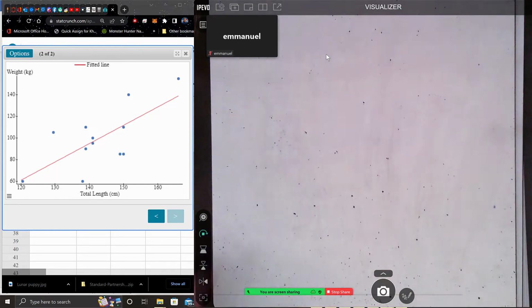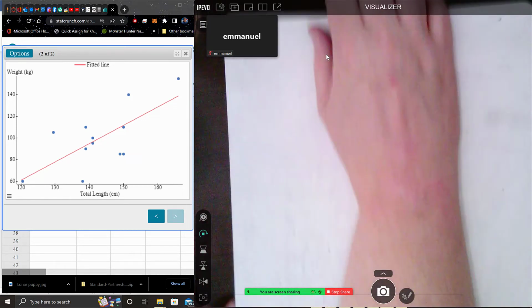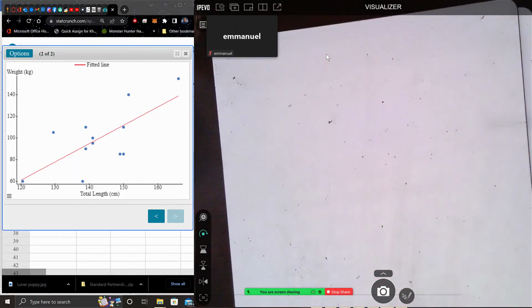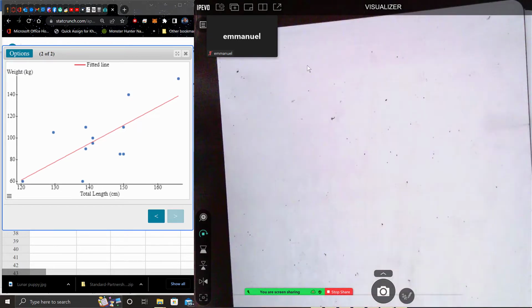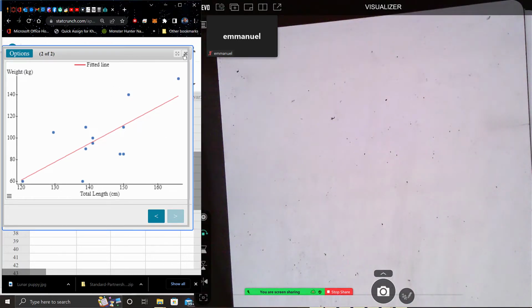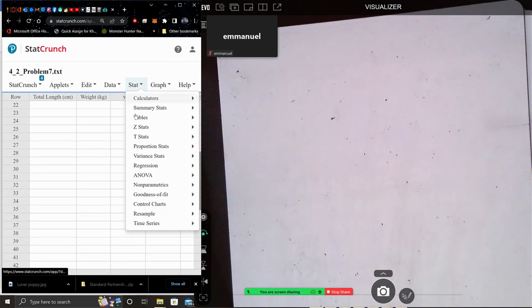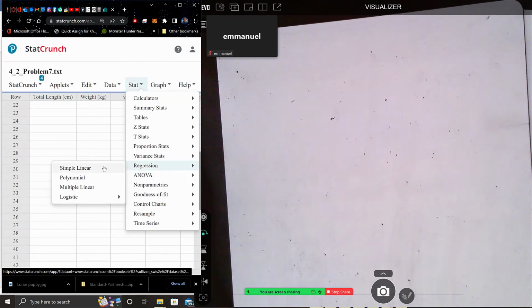So some things to know for the problems that you're going to be looking at. I'm going to rewrite the equation of the line real quick. Remember, we got it from stats, regression, simple linear.